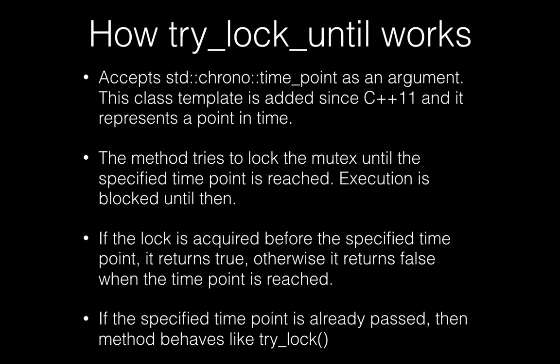If the lock is acquired before the specified time point is reached, it returns true, otherwise false. If the specified time point has already passed, the method behaves like try lock. The duration for which the method tries to lock the mutex is the distance between now and the specified point in time.